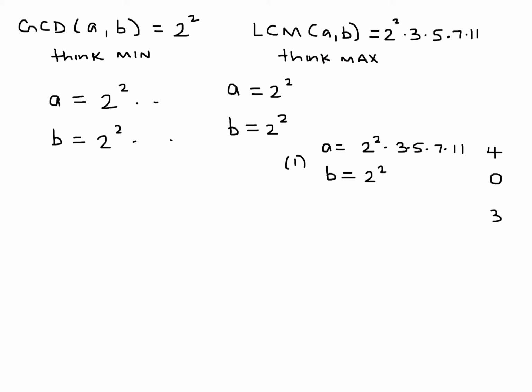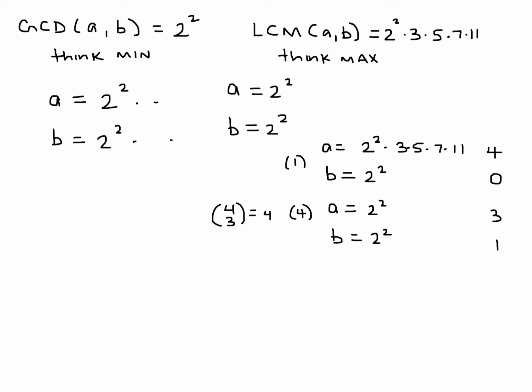The other way is to have a 3 and 1 scenario, where A has 3 of these 4 numbers, and B has the other 1 of the 4 numbers. So that is going to be 2 to the power 2, 2 to the power 2, but any 3 of these 4. So that means from 4 you're choosing 3, right? So 4 choose 3 is 4. So there's 4 ways of doing that. So I put the 4 in bracket. And if you're curious, you really want me to write it out, I'll write it out.